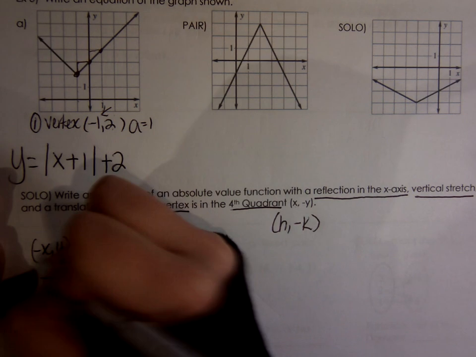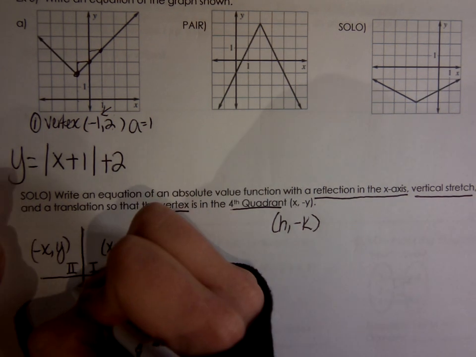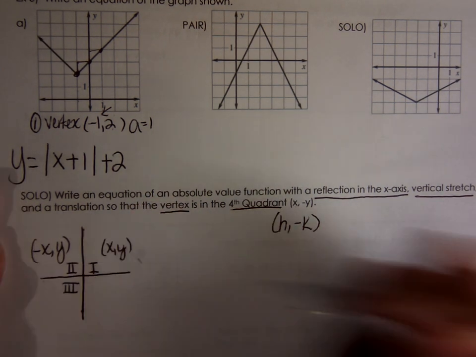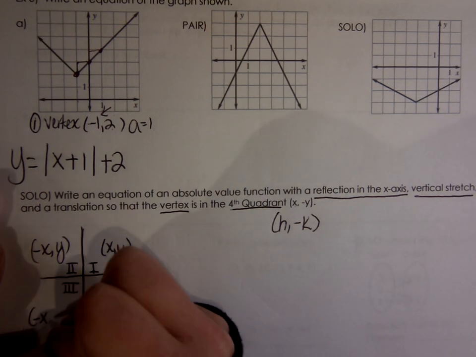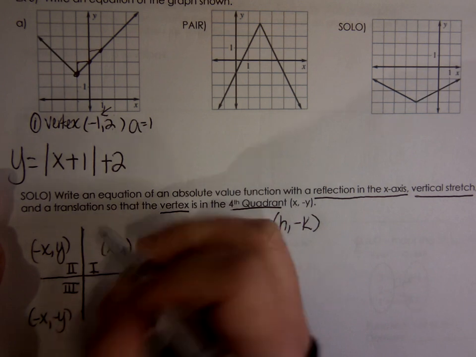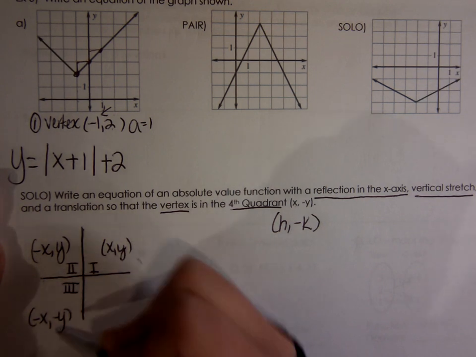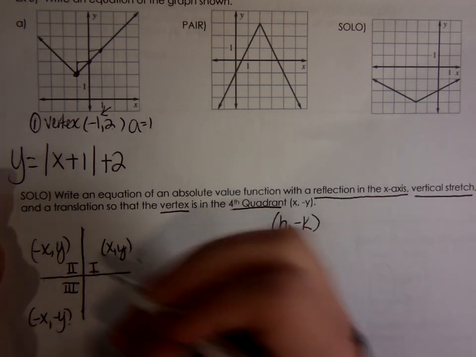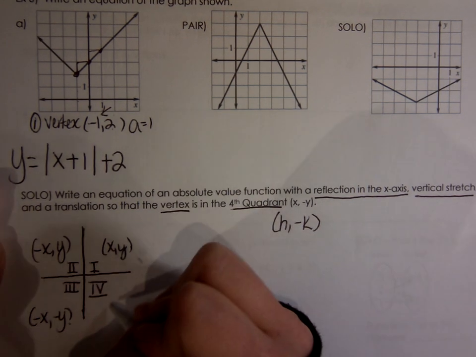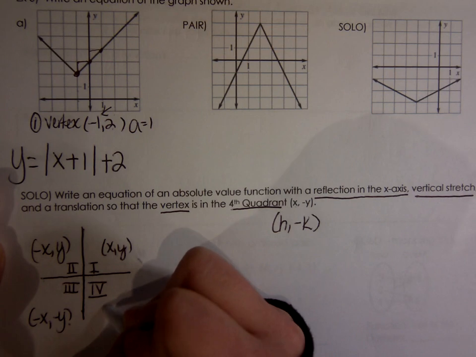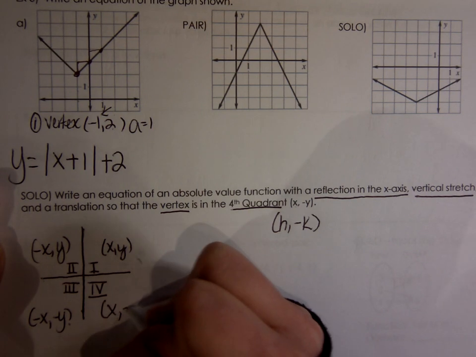The third quadrant, we always go counterclockwise, is down here. And that is where x and y are both negative, because you have to go to the left and then down in order to reach ordered pairs in this quadrant. And finally, we have the fourth quadrant. In the fourth quadrant, you're going to the right with your x values and down with your y values. So that's why it is x comma negative y.